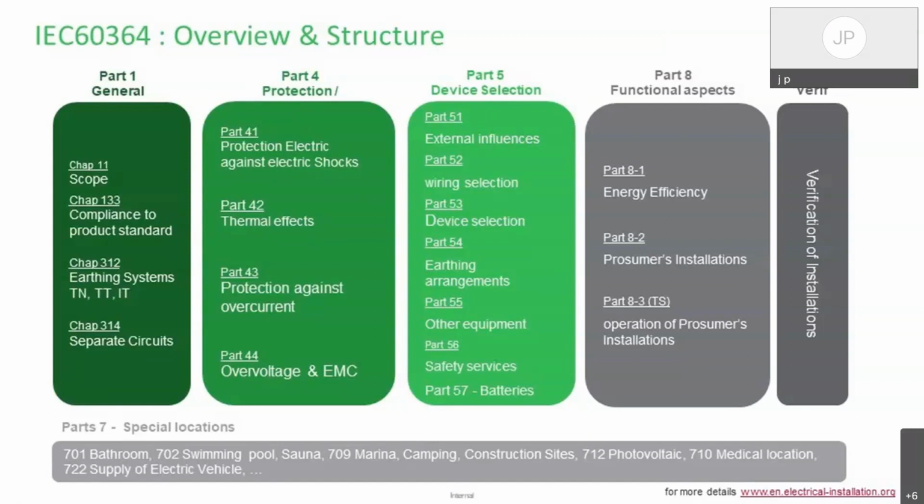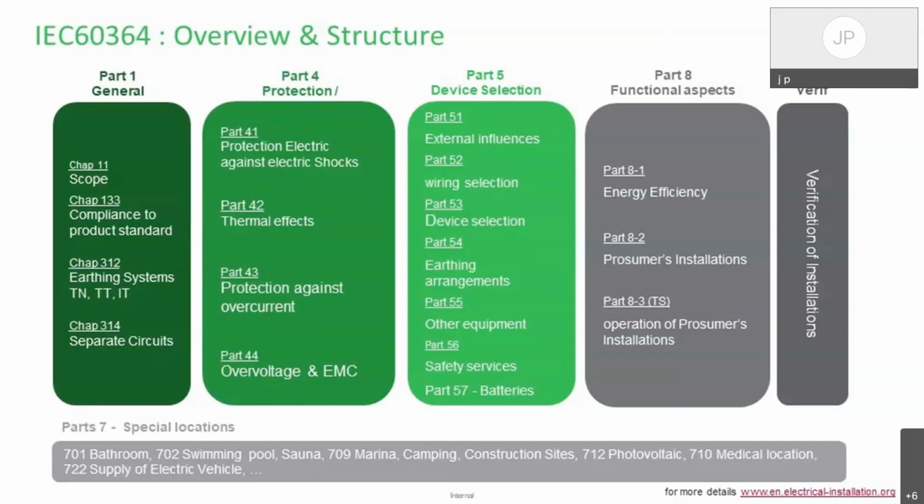Then we have a new part 8, which is all the functional aspects. In this part 8, you have a first part, which is 8-1, which is energy efficiency. And then we have 8-2 and 8-3, which are about prosumer installations.